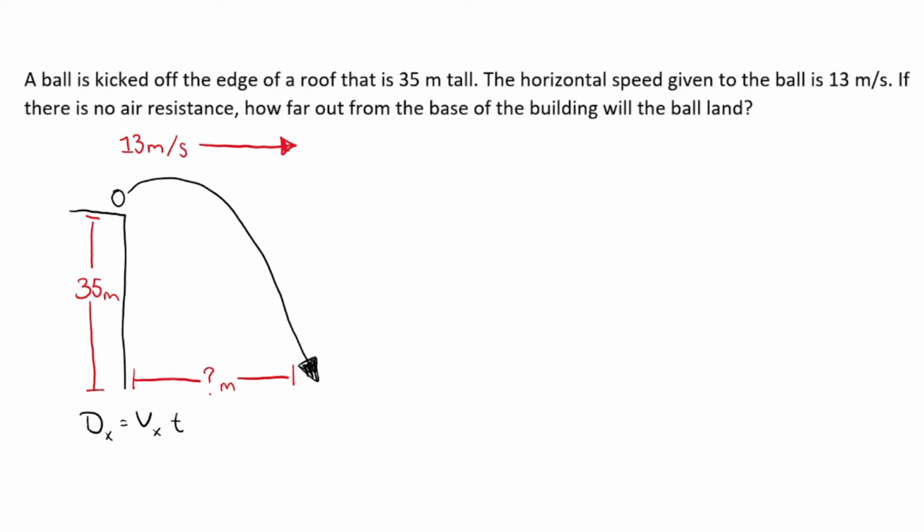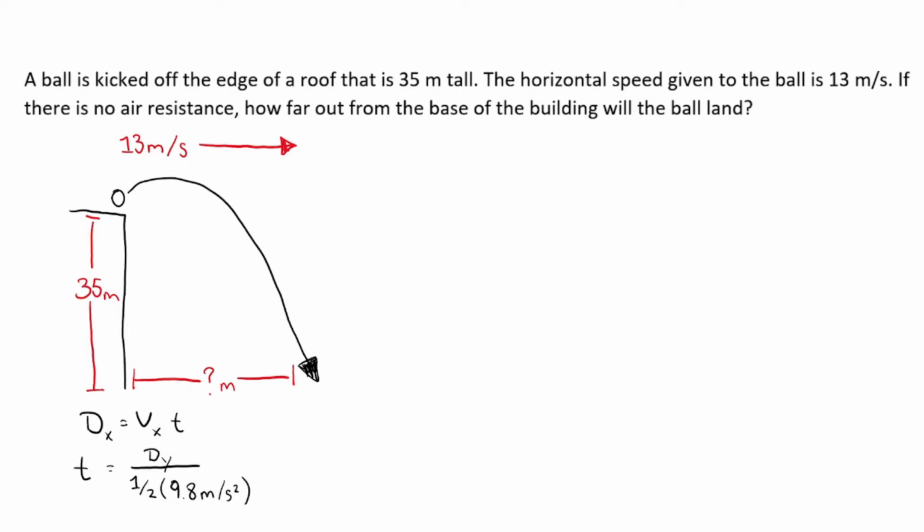Well, there's another equation that you should be able to remember to solve this problem. And that will be time equals the square root of the vertical distance divided by 1/2 of vertical acceleration. And vertical acceleration is just another way of saying gravity. And gravity is constant: 9.8 meters per second squared.